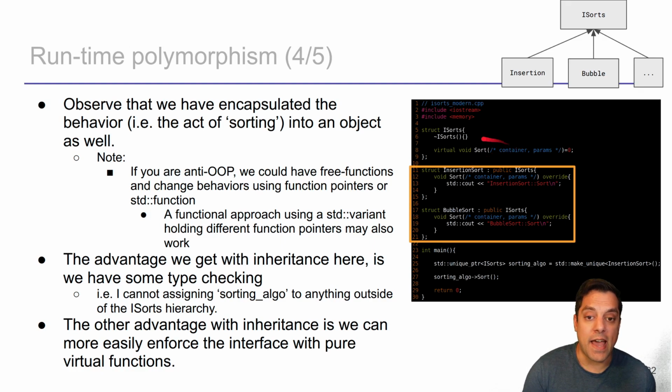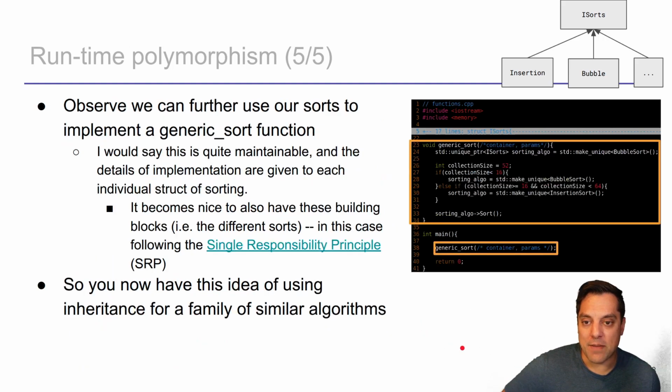So you want to make sure that it has all of the capabilities to finish the job at the end of the day, which in this case it's just sorting, but you could imagine something more interesting like a graph traversal where you might have to do multiple steps, or there might be multiple phases that you want to do with that particular algorithm. So just keep that in mind. There are other non-object oriented solutions, as I've mentioned here. But again, inheritance is kind of the appropriate way to approach this strategy pattern here, or what we're building up to.